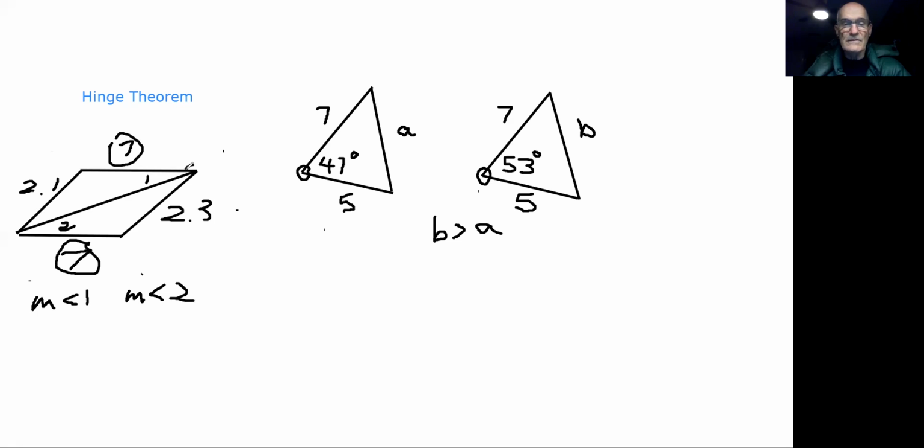So one of your hinges is right up here with the side of 7 and the middle line. And the second hinge is down here with the 7 and the middle line. So you're looking at the angles inside the hinges and you're looking at the opposite side. So we're looking out here at this 2.3 and from here out here at this 2.1. So since 2.1 is less than 2.3, the measure of angle 1 is less than the measure of angle 2.